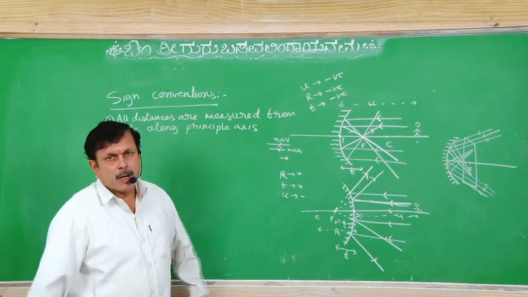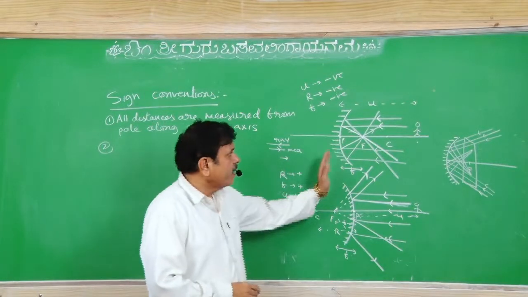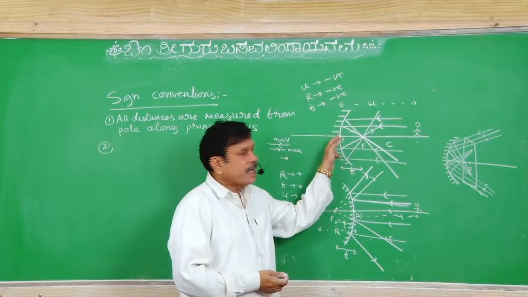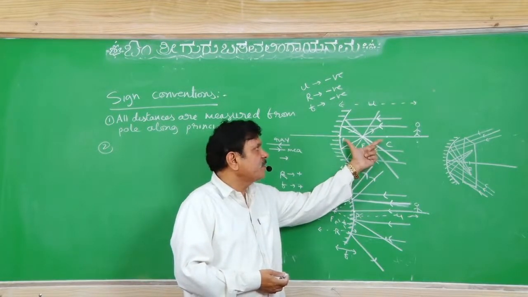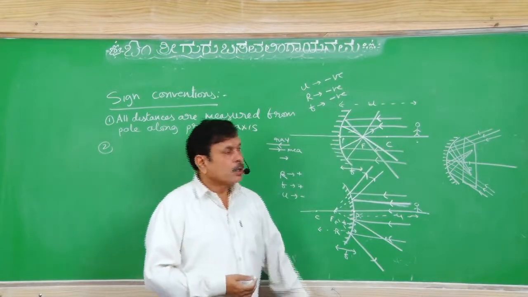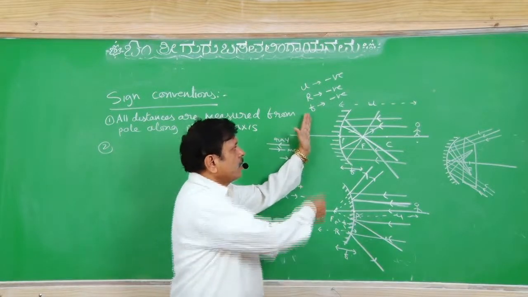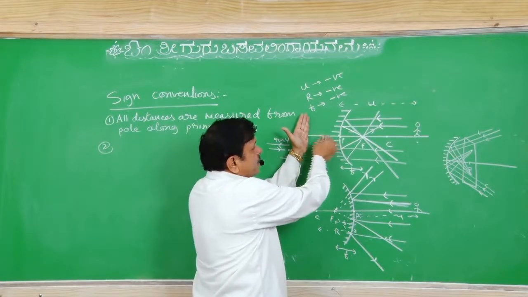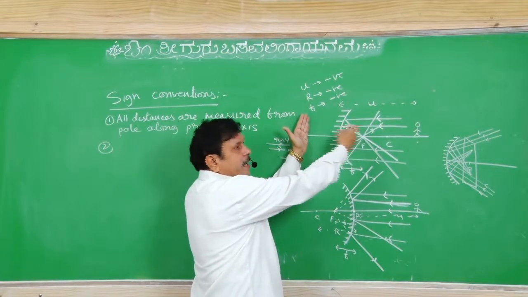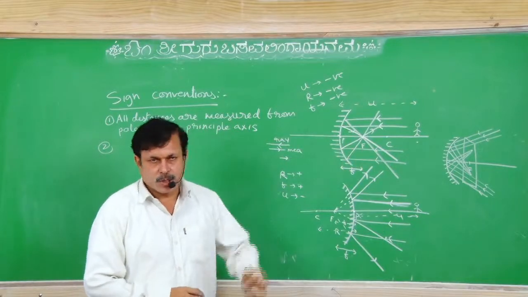Now depending upon where the image is formed, we shall be taking that one. Suppose the image is formed over here, then again to measure the distance of the image from the pole, we have to go like this. The incident ray is traveling like this, so V will be negative. If the image is formed on this side, this will be the image distance, so we will be traveling in the direction of the incident ray, then we take that as positive.